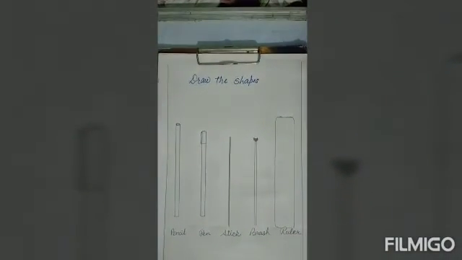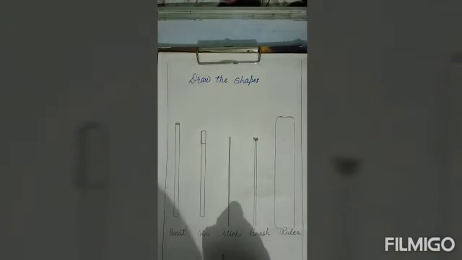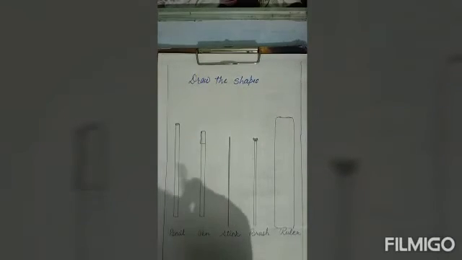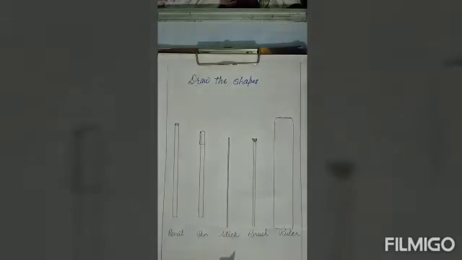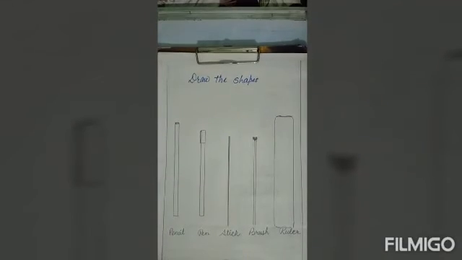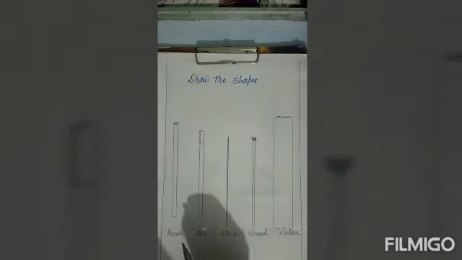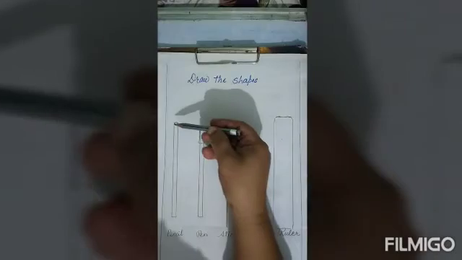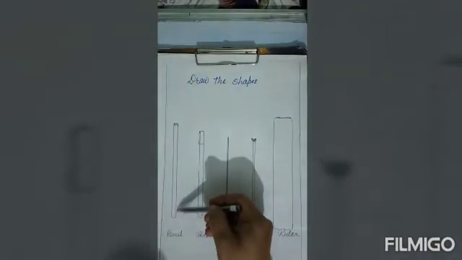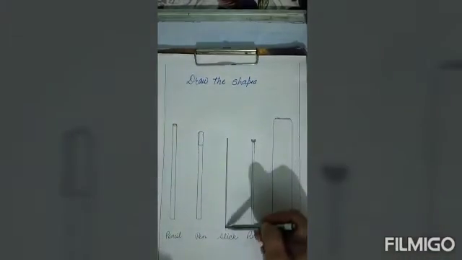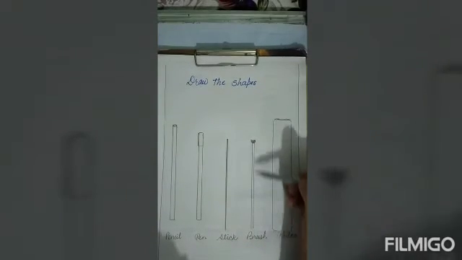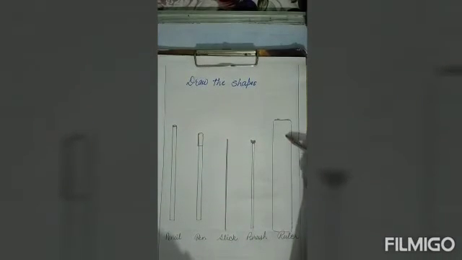Dear children, can you tell me what is common between these drawings? I think you have guessed. What is common? Yes, all these things have straight lines, or you can say that we use straight lines to draw these shapes.